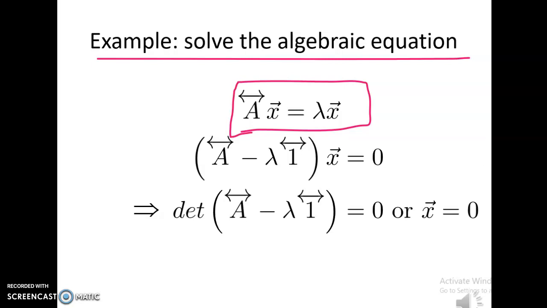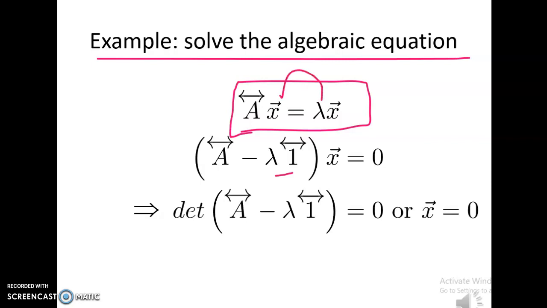Ax vector equal to lambda x vector. So A equal to what formula? A equal to minus lambda I.